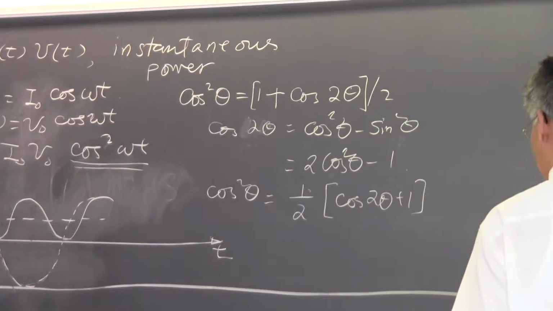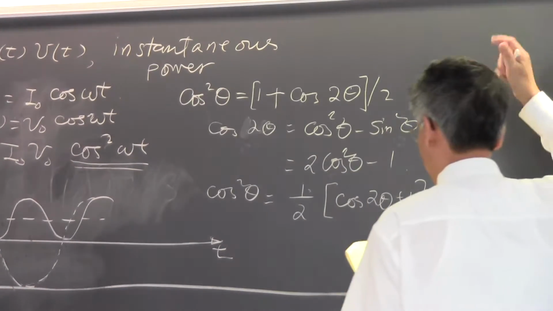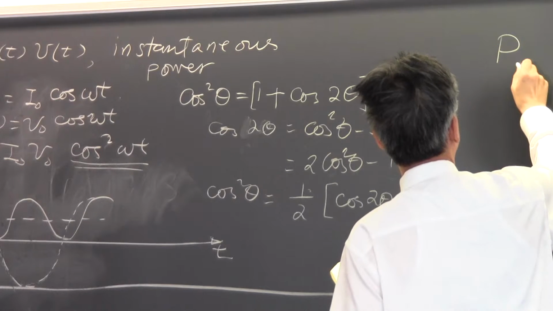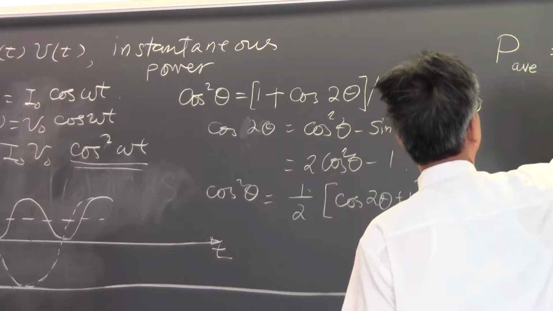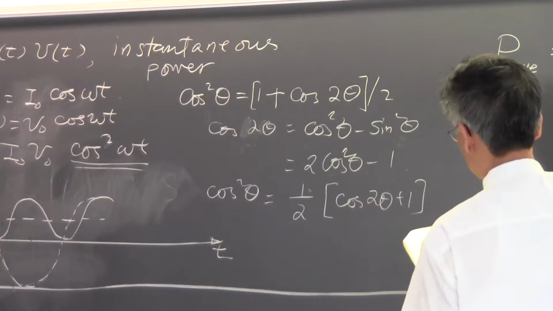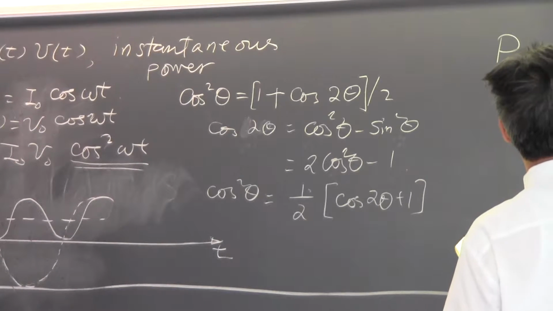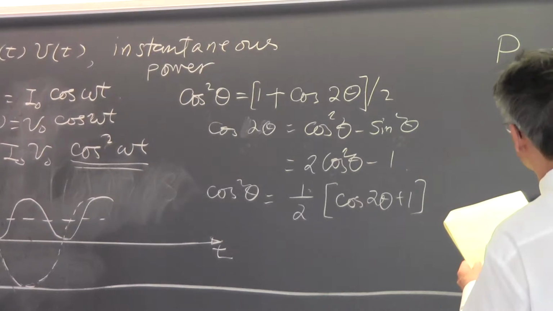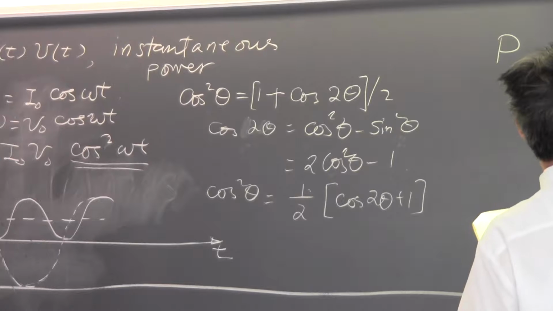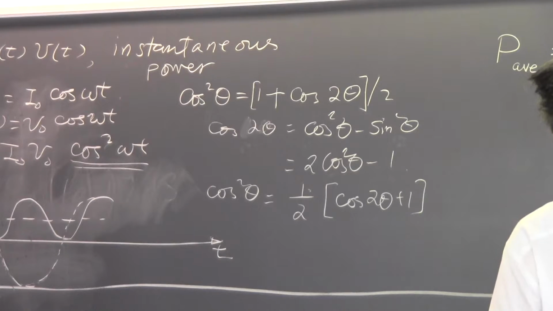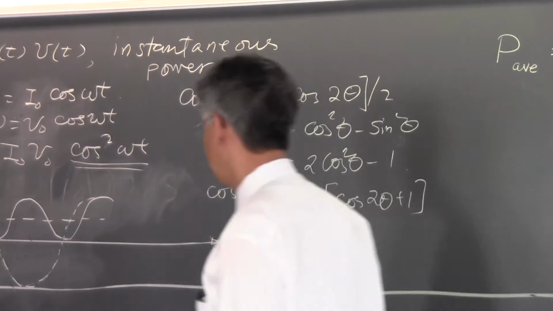In order to talk about average power, let's define what it is. The time average power would be the time average of the instantaneous power, which is given by V of t, I of t, dt from t equal to 0 to T, where capital T is the period.